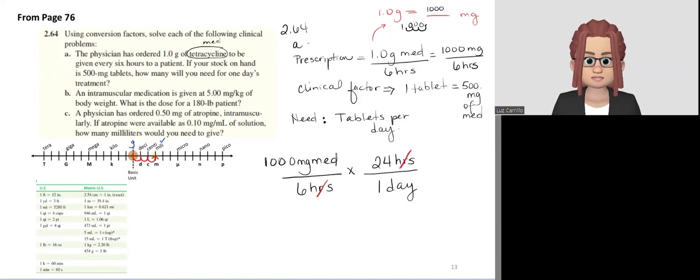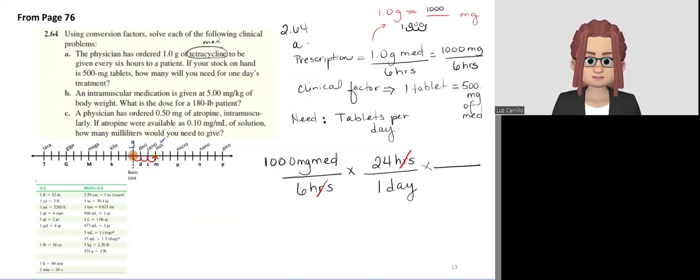for this first part. Next, since now I know how much medication I will need per day based on the units that I've canceled, the next thing that I could do is set up the fraction that will allow me to find out how much medication overall the patient is going to receive.